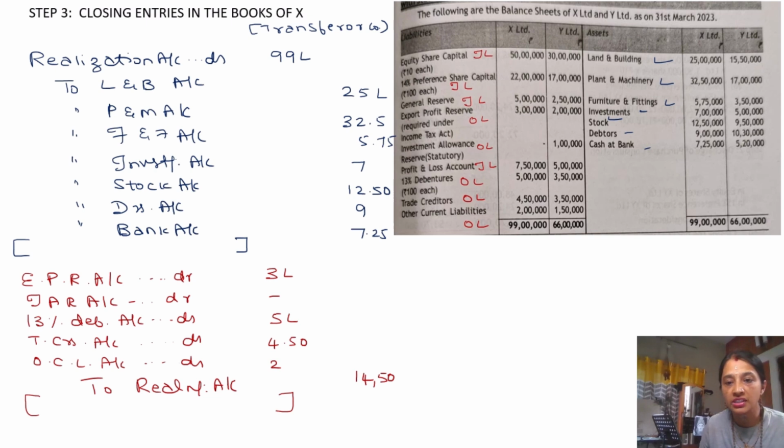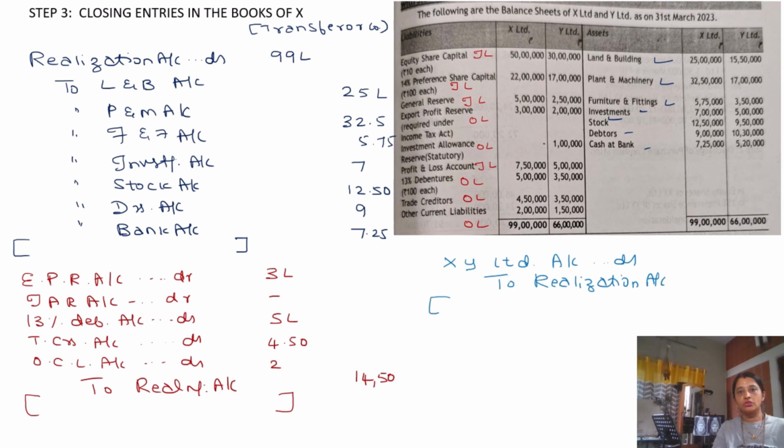The next entry is for purchase consideration due. Purchase consideration due entry will be XY Limited account debit to realization account. I have already given you the theory as to these journal entries. If you don't know, kindly refer those journal entries.